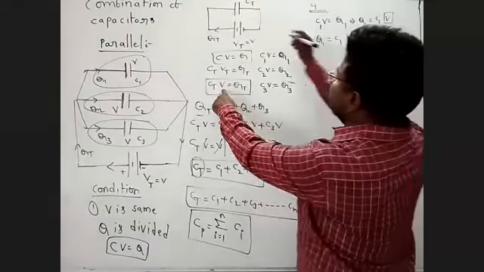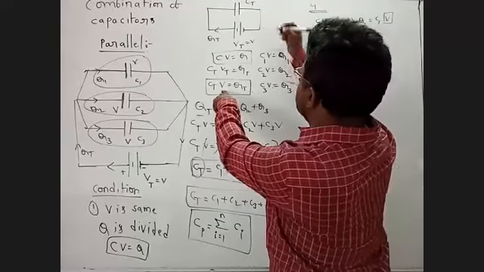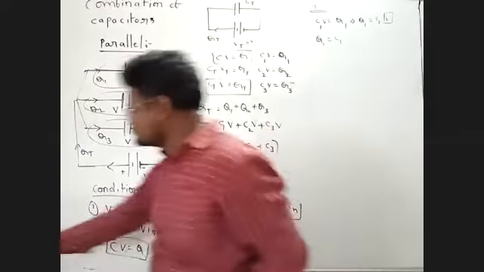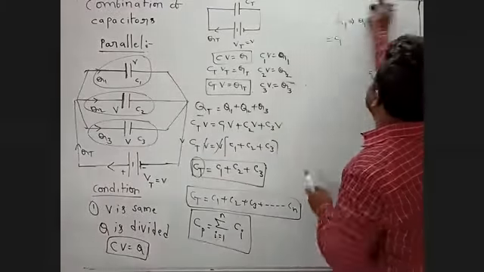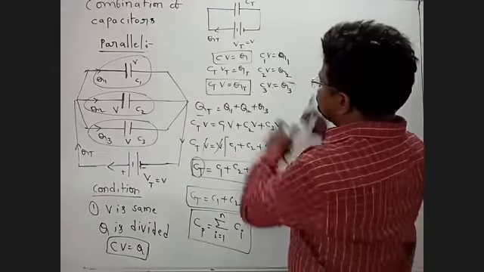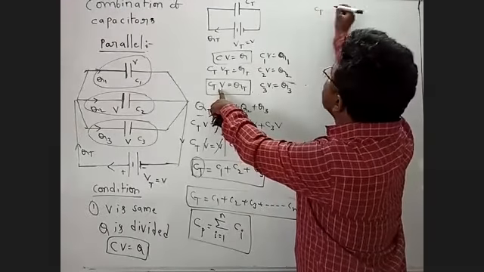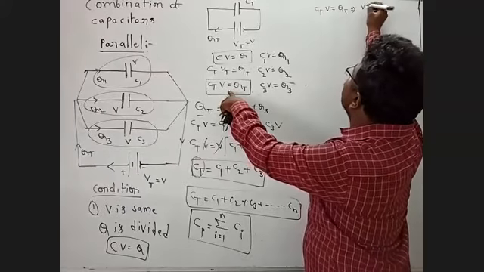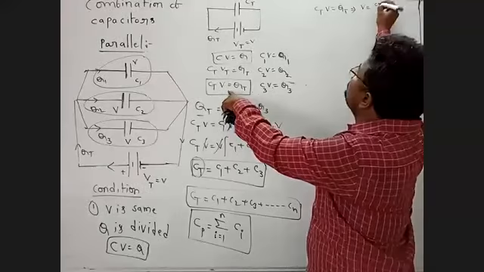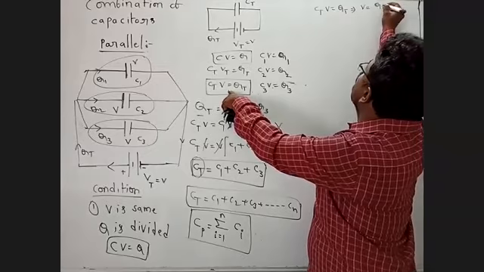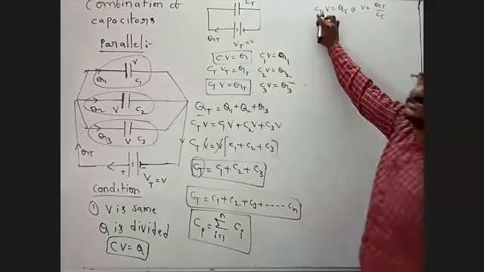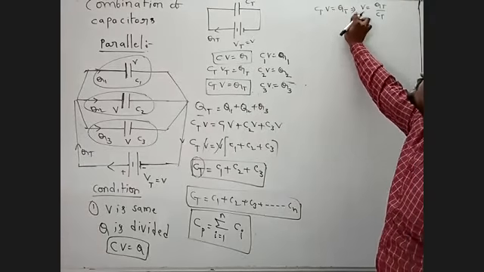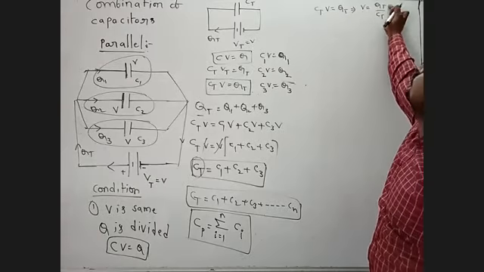V total is equal to Q total by C total. I write this: C total, V total is equal to Q total by C total.